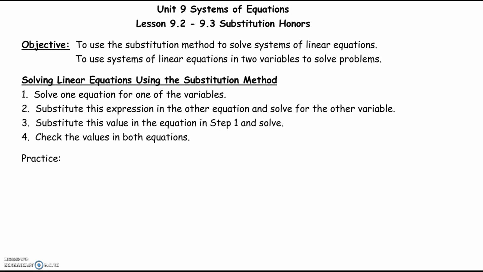You will then solve and you will get an answer. When you get that answer, you substitute it back into one of the equations. It really doesn't matter. I try to choose the easiest one to substitute it back into, and then you'll have the value for both of your variables. This will be the point that makes it true for the equation.